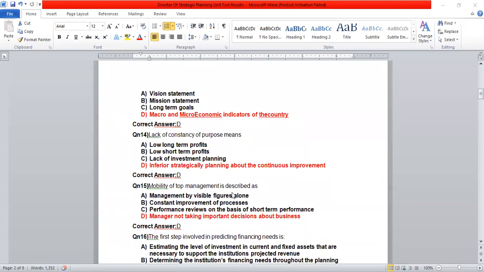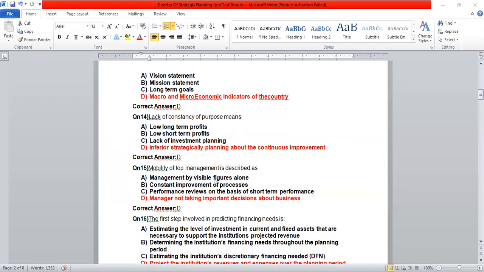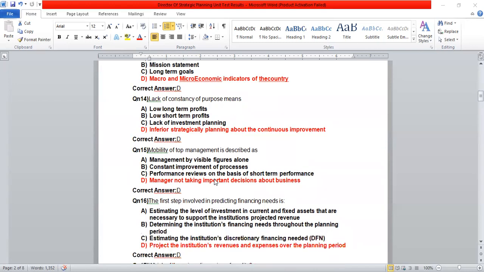14th question. Lack of constancy of purpose means inferior strategic planning about continuous improvement. The correct answer is D. Question number 15.